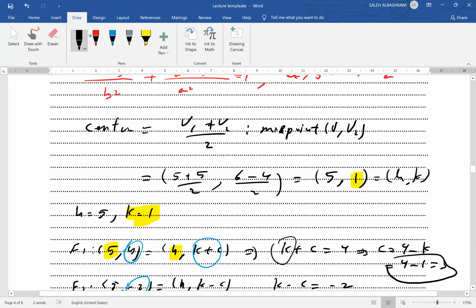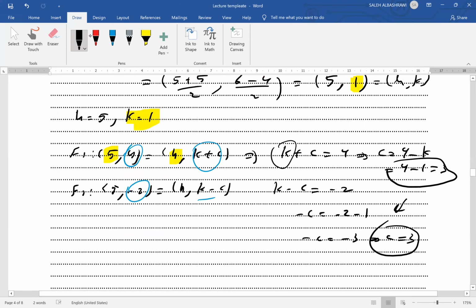We need to find a so that we can find the value of b and write the equation in the standard form. From the vertices, we know that V1 is h and k plus a. V1 is given by 5 and 6.